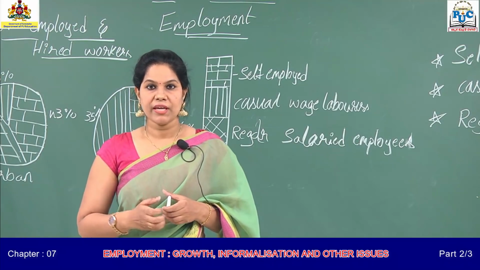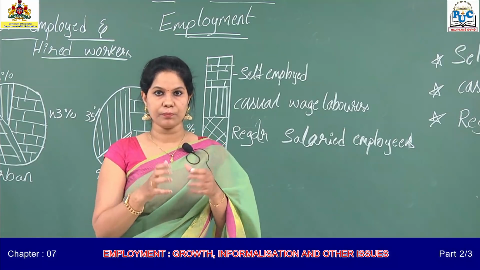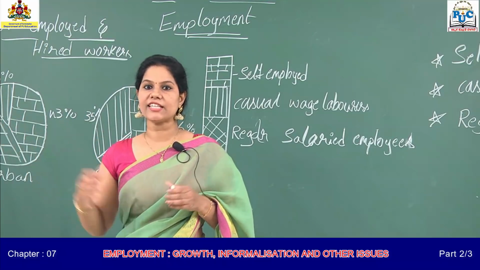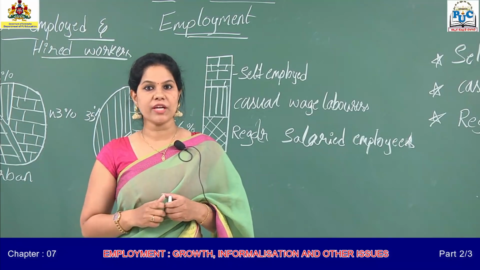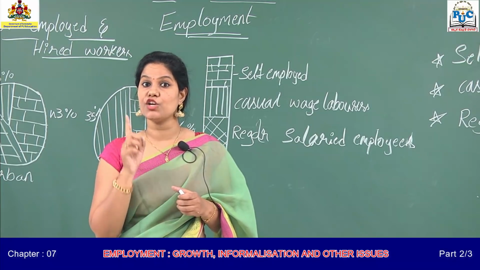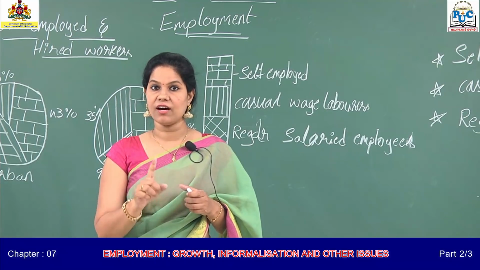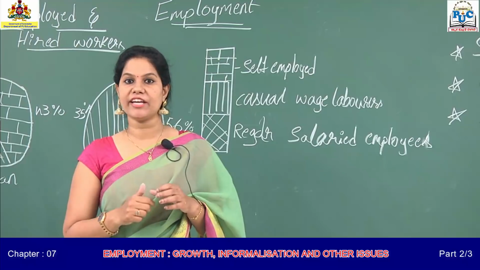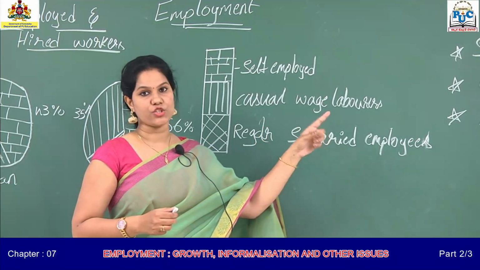If they are working today on this building construction, tomorrow they will be working on some other hospital construction. They do not work in one permanent place, their wages are not fixed and their job is not fixed in one particular place, so they are called casual wage laborers.